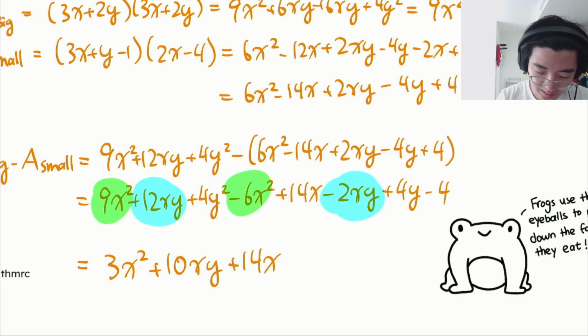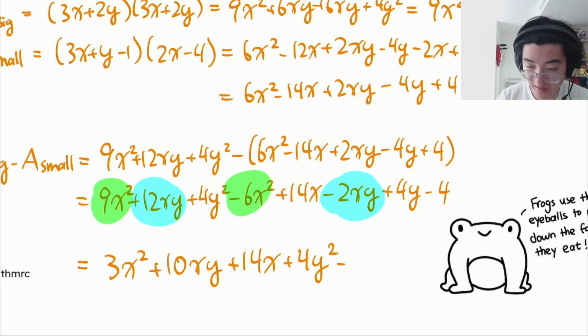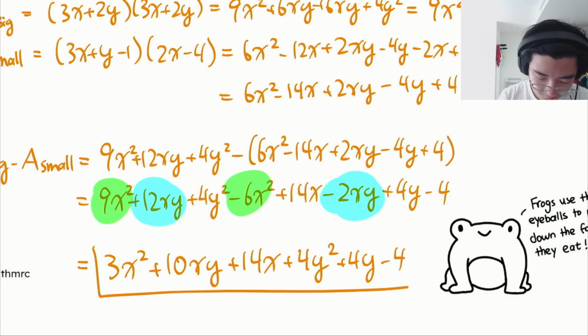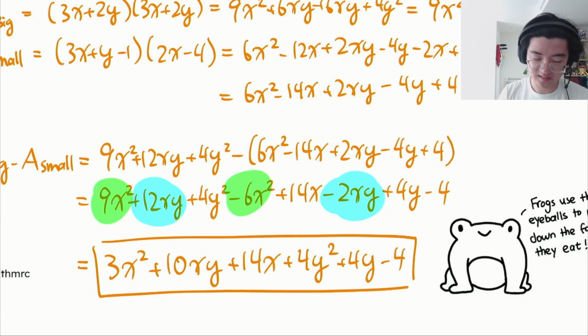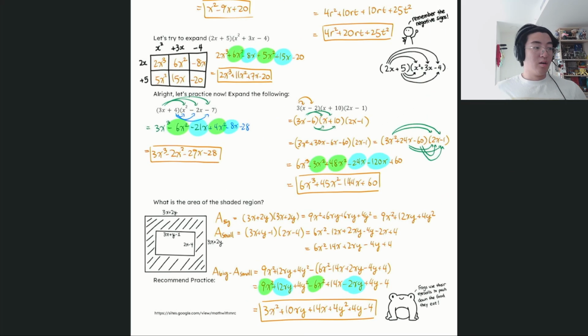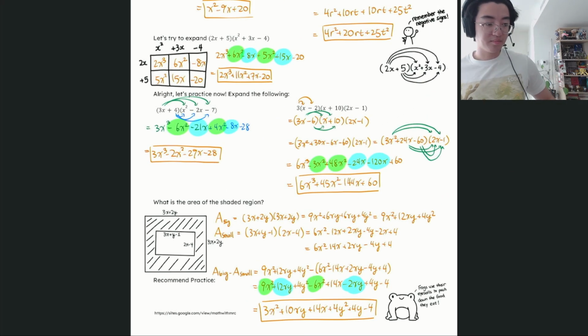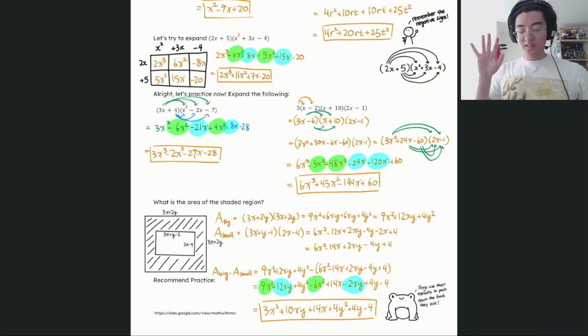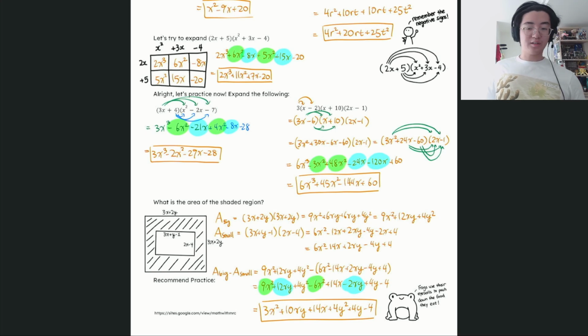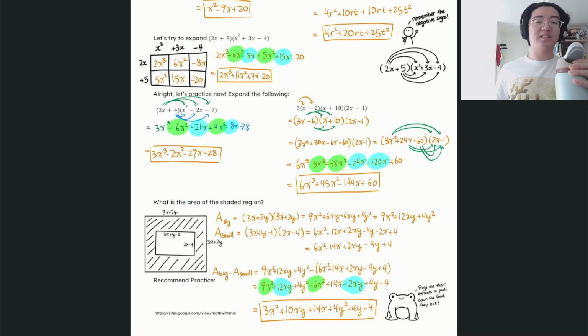And then after the x, we go to y. We go with y squared first, because highest power, and then y by itself, and then minus 4. Right, that's the answer. Oh god, that was a lot. And so I just remembered to rearrange your final answer alphabetically and by highest to lowest power.